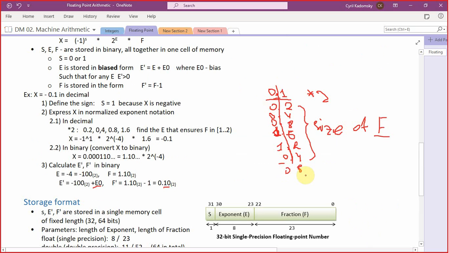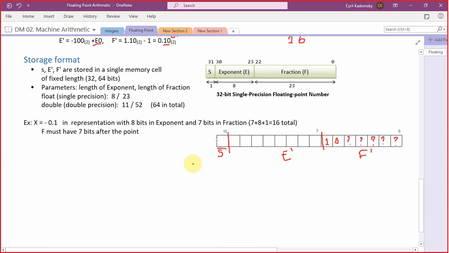For example, we have taken 2 more bits, 0, 1, right? And they will be added here.